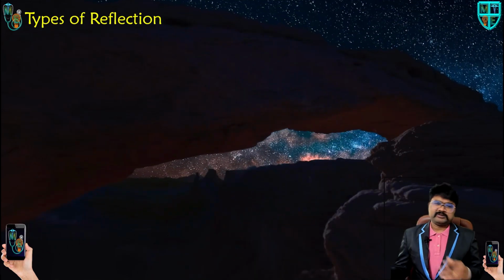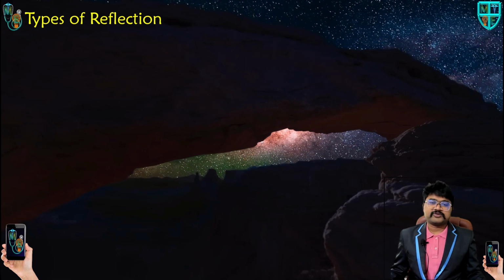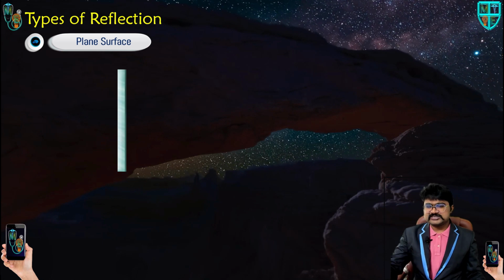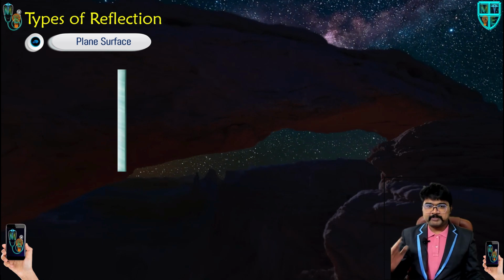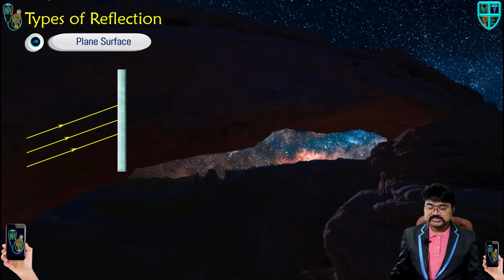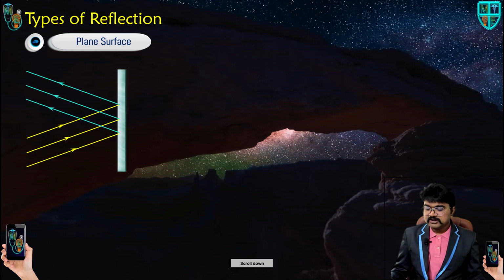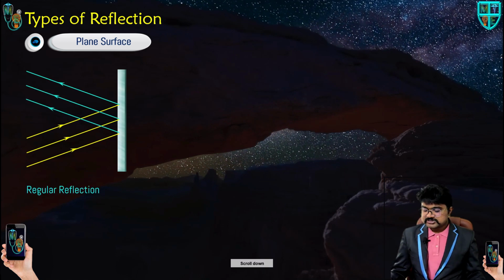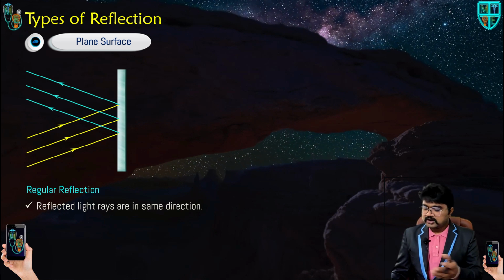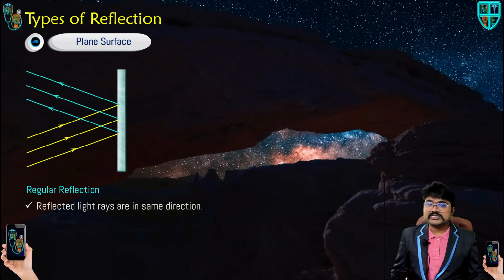Types of reflection. Before that, we need to discuss two different types of reflection. On a normal plane surface, a beam is incident. This is the beam, parallel incident rays, and it is reflected. So here this is a regular reflection. In this regular reflection, all reflected rays are in the same direction.